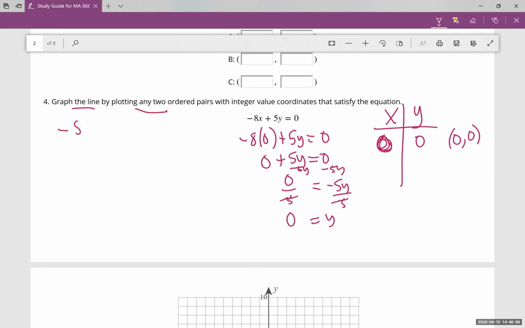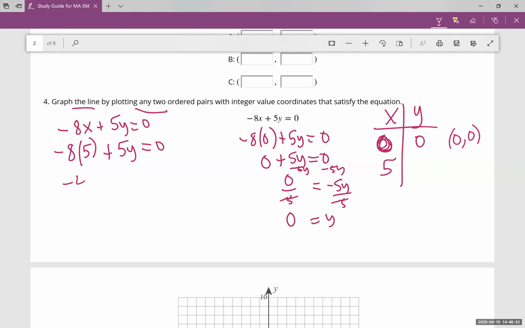So using this same -8x plus 5y, we get to come up with whatever point we want. And I try to be strategic. I'm going to choose an x of 5. I'm going to substitute in a 5. And let's solve for y.